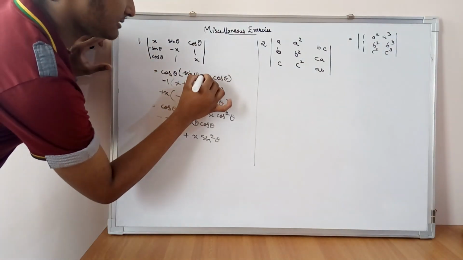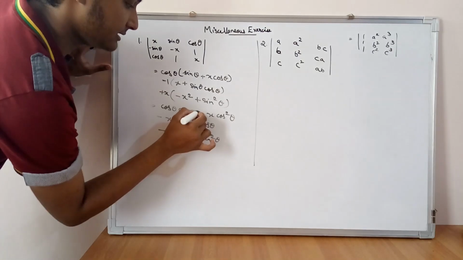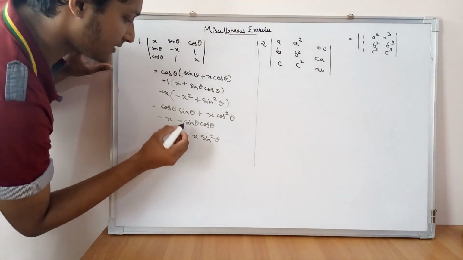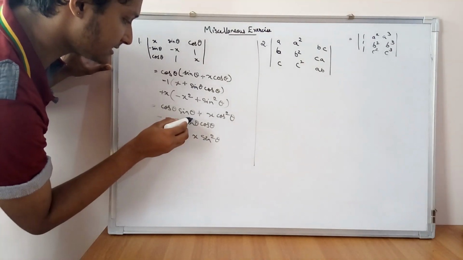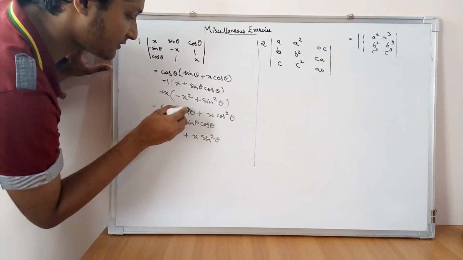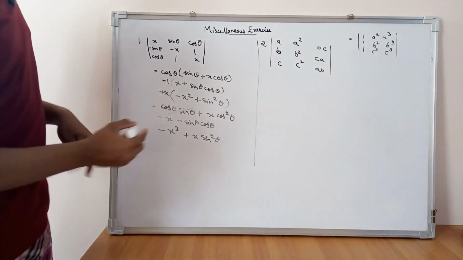Okay, it had to be plus here, right? That was the problem. So this term becomes plus. So we can find out that here plus cos theta sin theta and minus cos theta sin theta, I can just cancel this off.